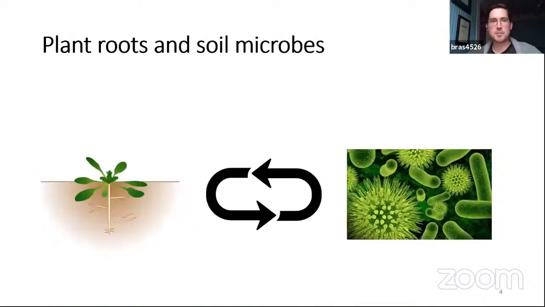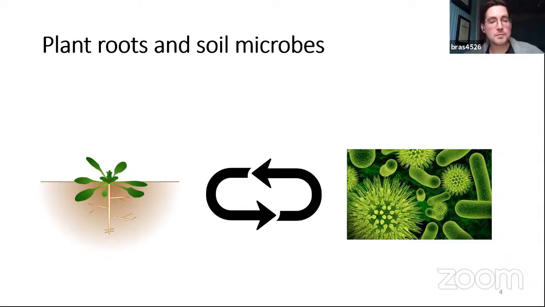And so this is a very simple diagram that attempts to explain what I assume is an infinitely complicated remit of relationships between plant roots and soil microbes. So we know plants have roots. Generally, roots are in the soil, and this soil is full of microbes. The microbes can be oomycetes, bacteria, I suppose viruses. And so the roots are interacting with this microbe community in the soil.